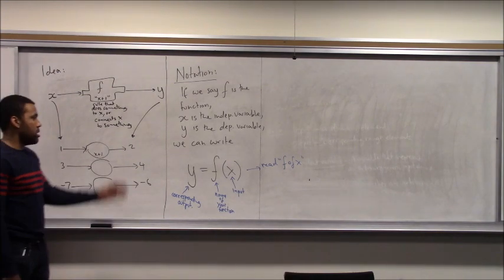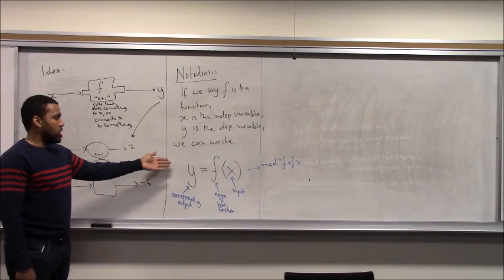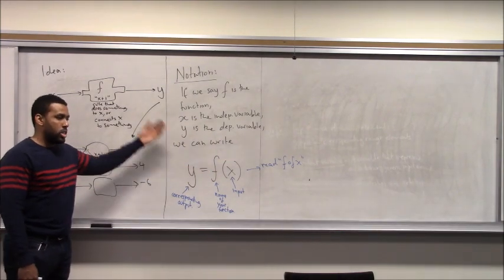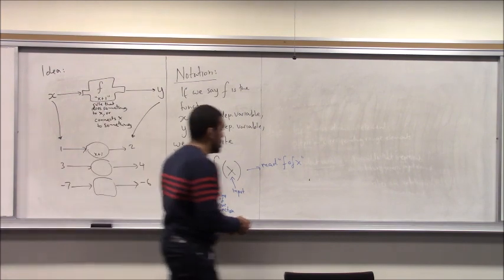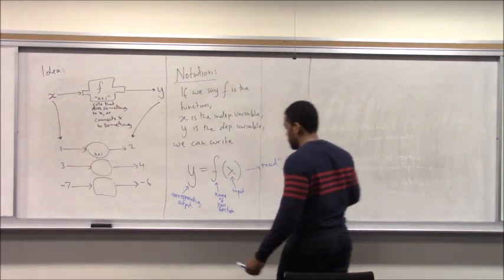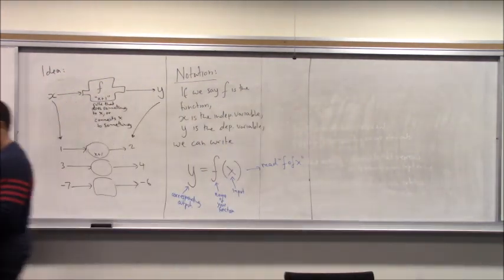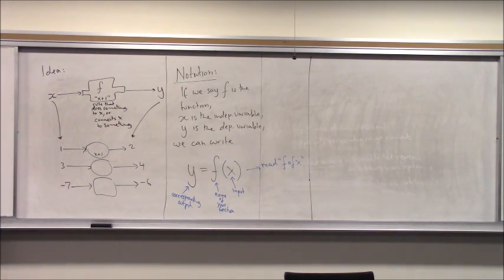So I can say, I have a function f, a generic input I'm calling x, and a generic output I'm calling y. And this equation conveys those ideas. Okay, sorry, define all those.